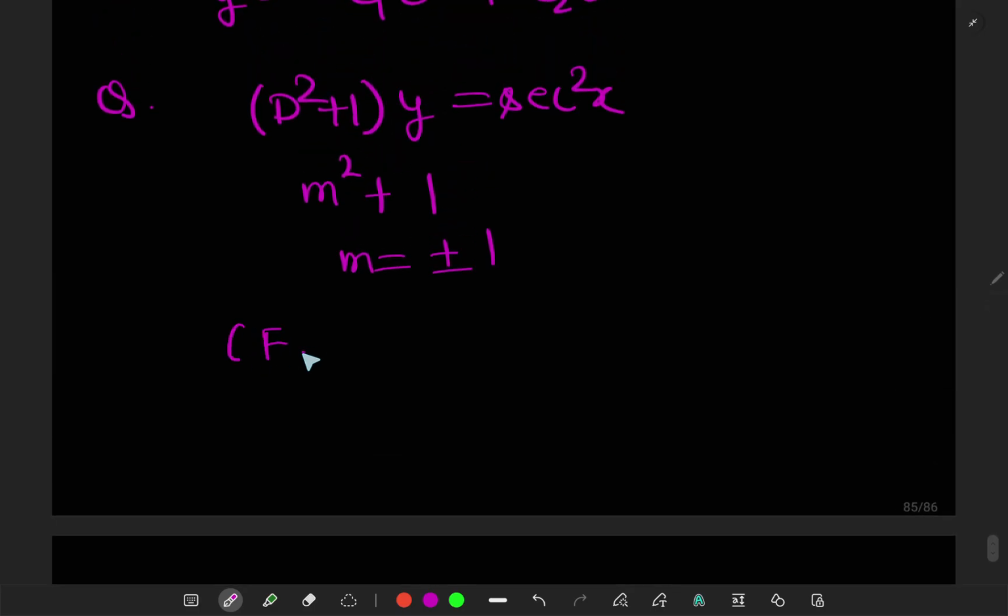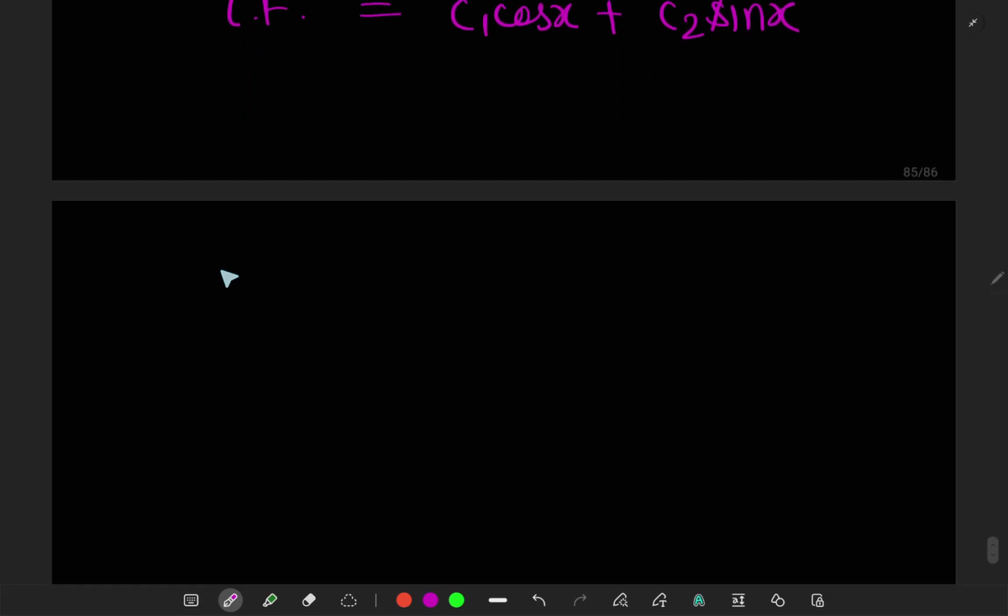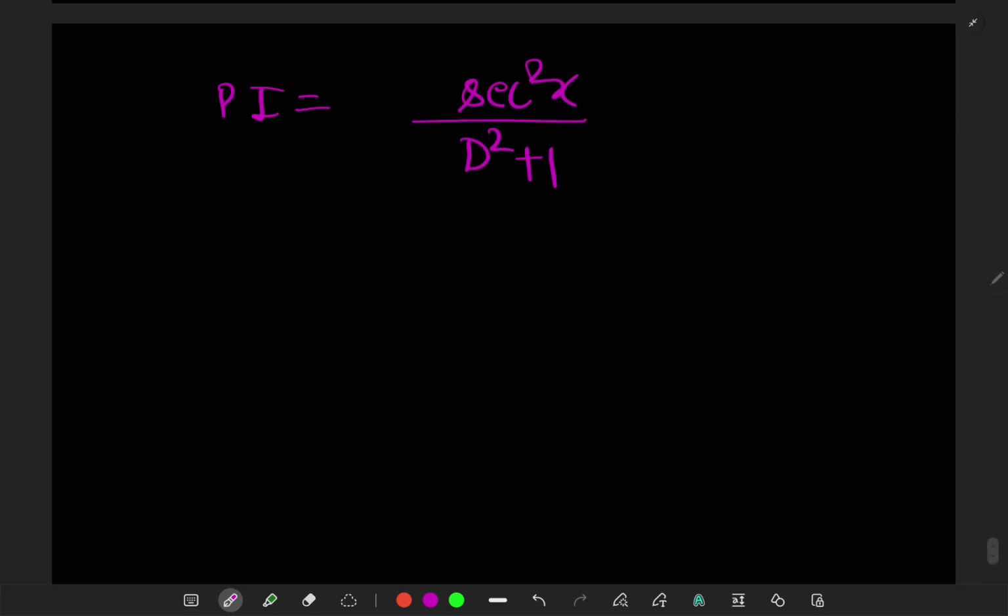So their complementary function is equal to c1 cos x plus c2 sin x. Now particular integral. Now we can write this D square plus 1 like that.